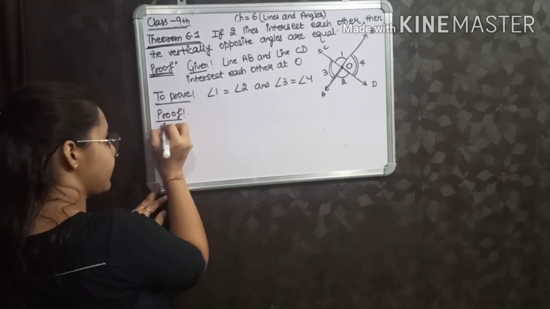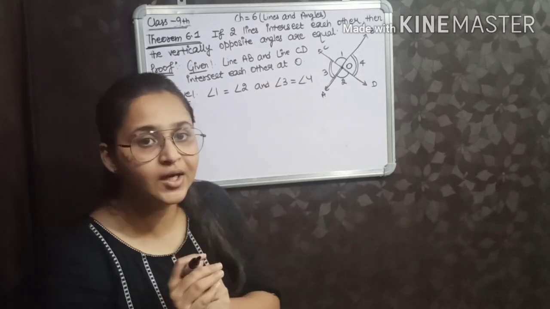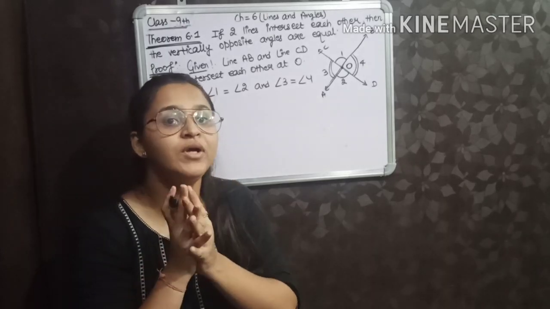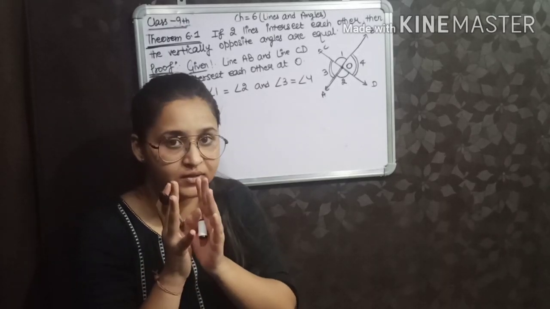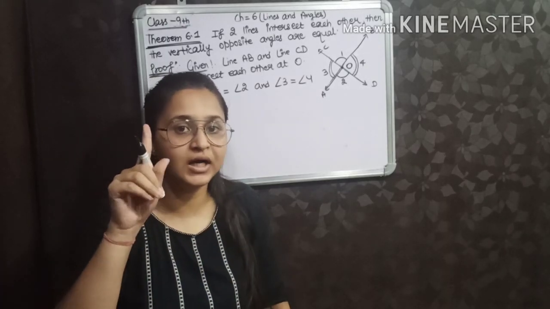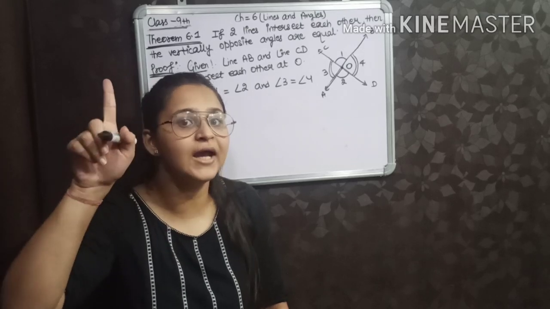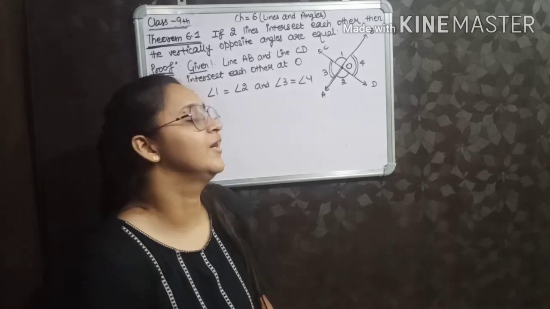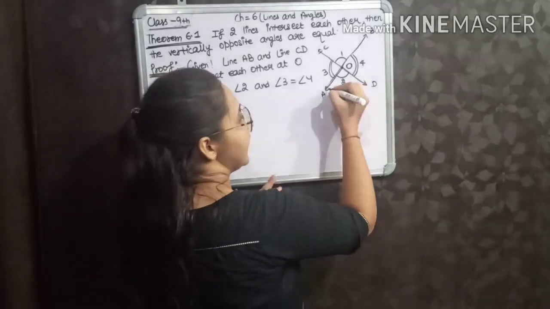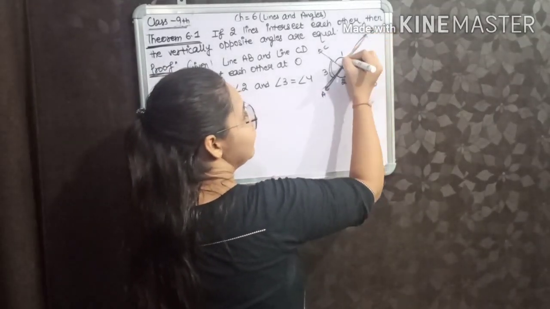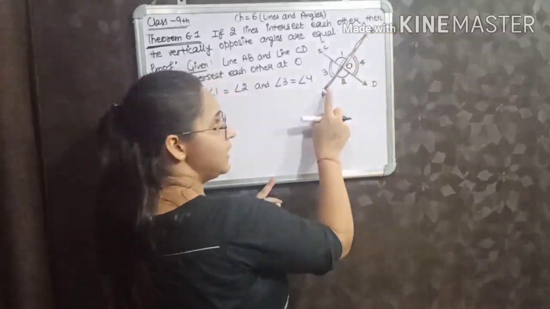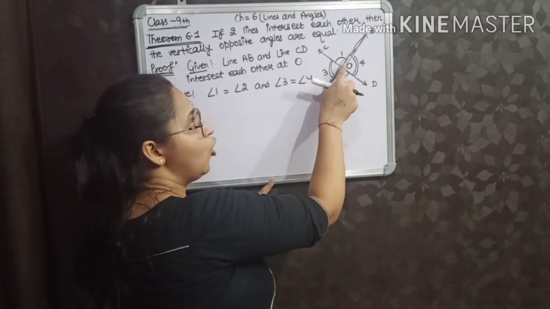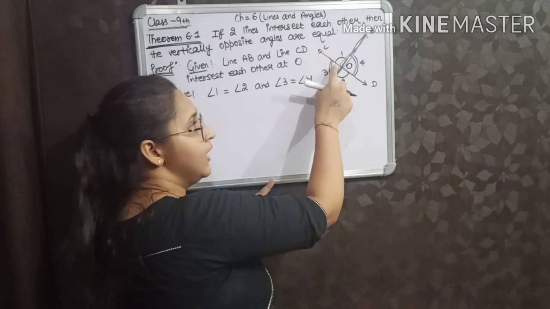Now see, according to the linear pair axiom, what we have discussed: if a ray stands on a line, then the sum of two adjacent angles is 180 degrees. So first of all, see that AB is a line and OC is a ray.